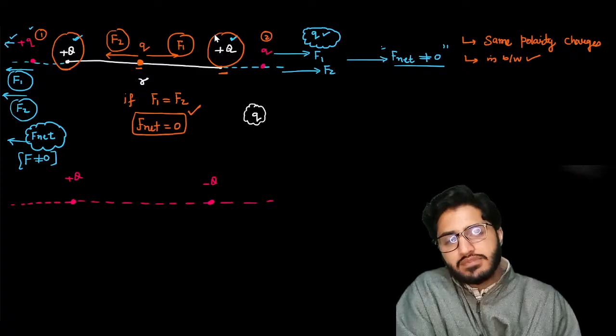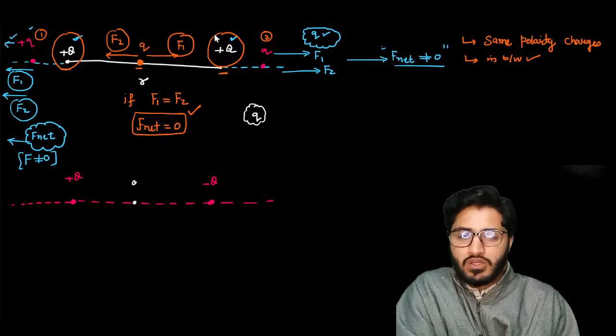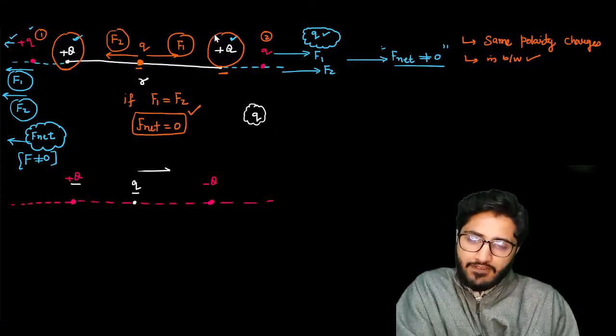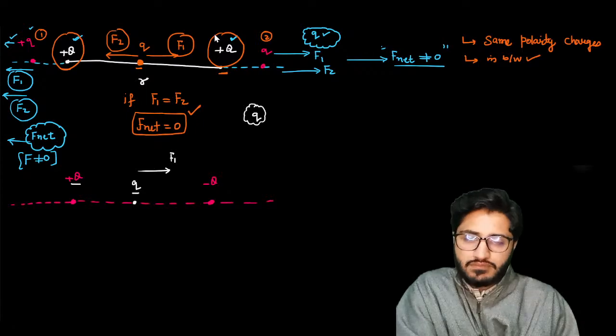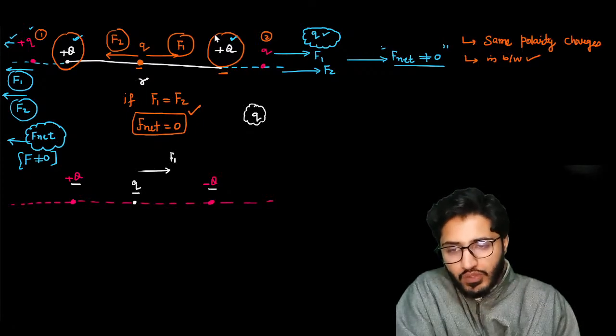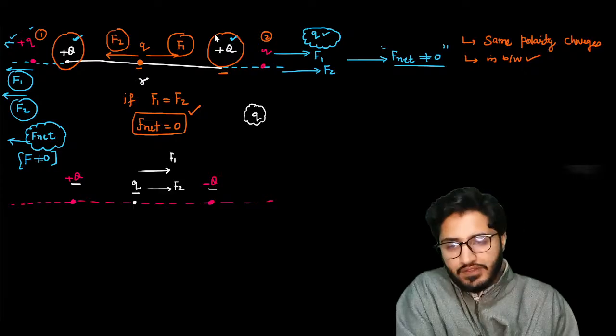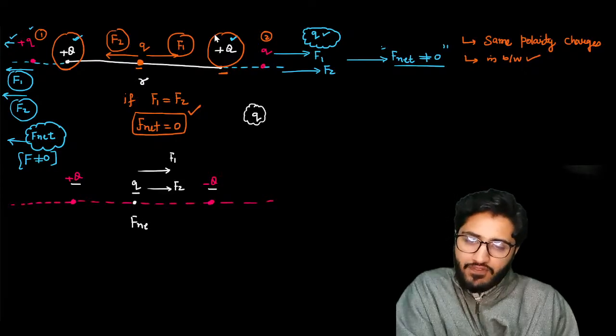Let us suppose I am just taking it here. Look, positive, positive, it will repel like this, F1. Negative, positive attraction, it will have like this, F2. Therefore, in between, my F net is not equal to 0.